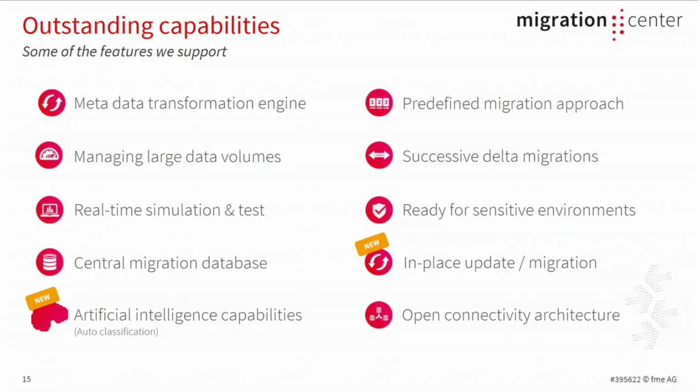In terms of InfoArchive, those structures and attributes can also be configured very flexibly in InfoArchive. So we have to meet those requirements, and also in Migration Center the transformation is very flexible. Then we also have real-time simulation and test, and that's really useful because it saves a lot of time.